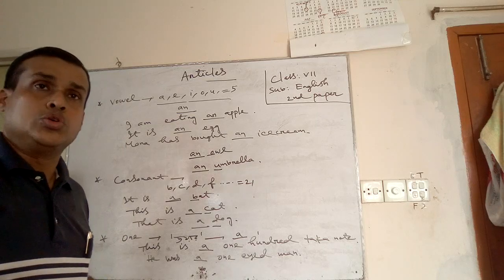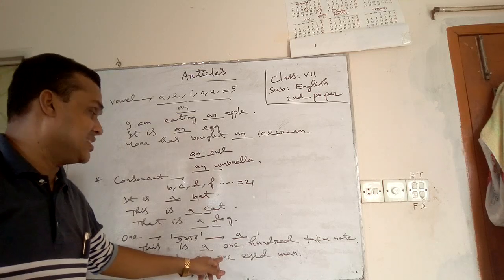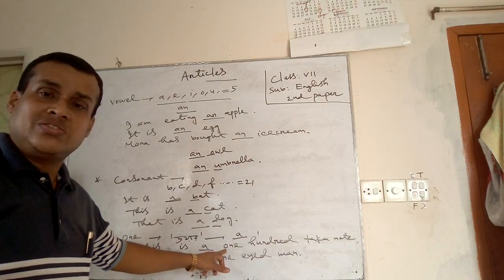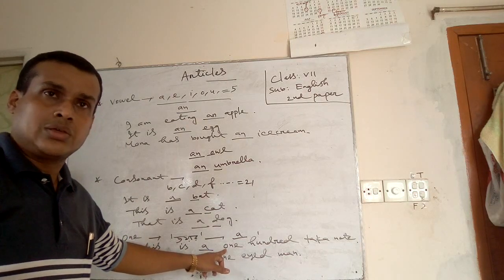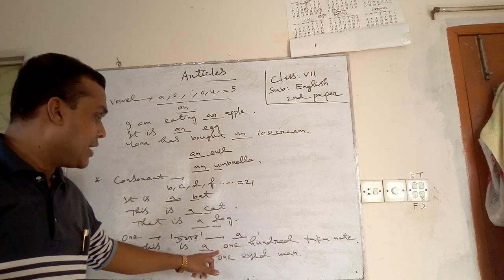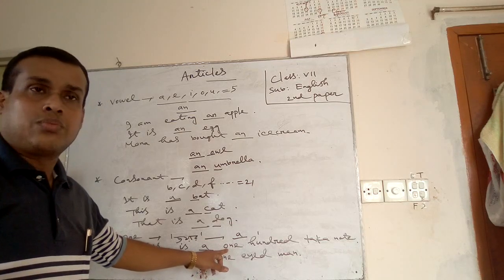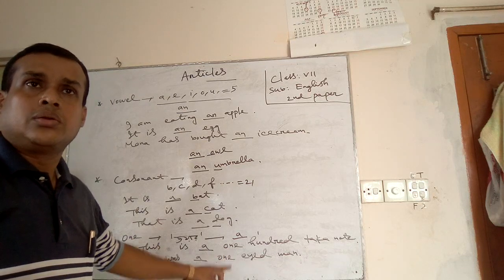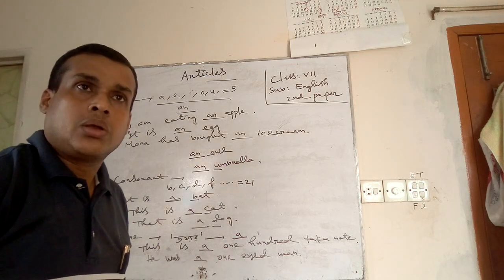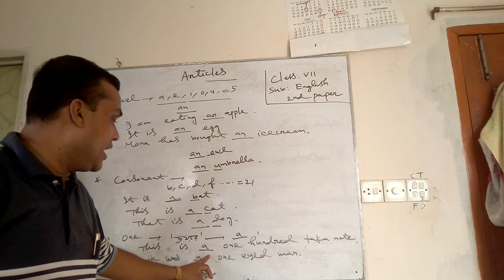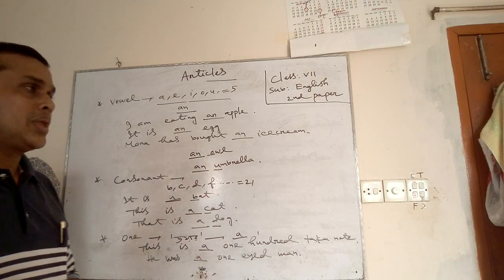So you should use a in these sentences. Even though u is a vowel, you cannot use an, because the pronunciation of one creates wa. Then you should use a.